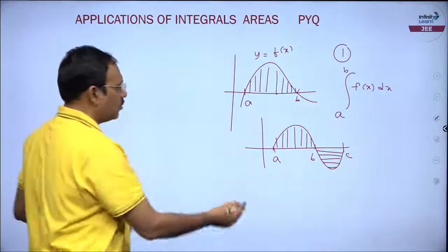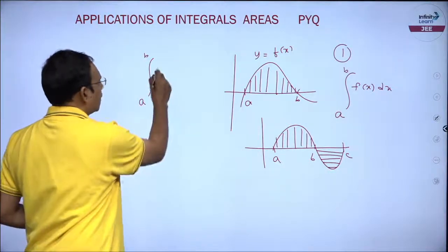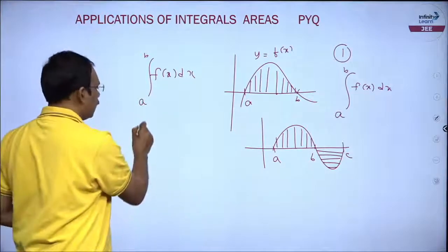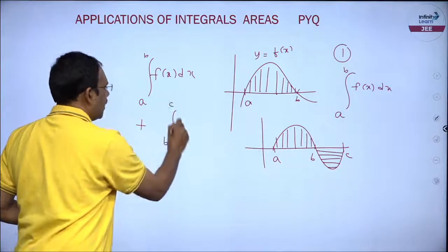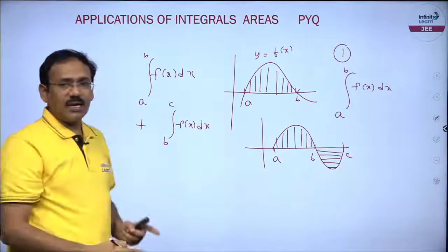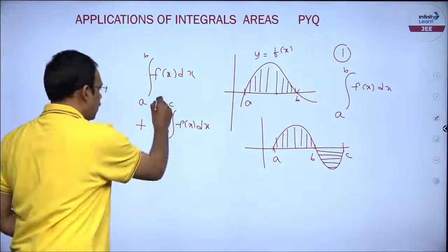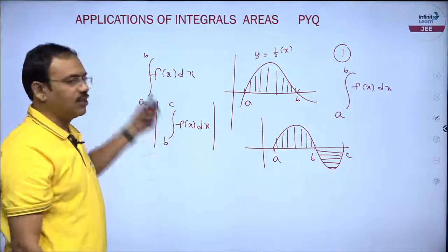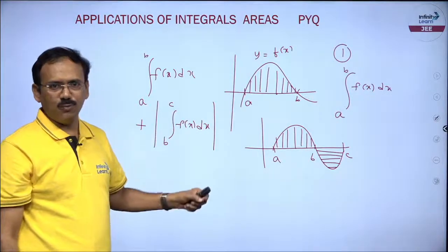So what we need to do is, integral a to b f of x dx, which is already positive, so you need not write modulus. The second one, integral b to c f of x dx, this definite integral will definitely be negative because this part is below the x axis. You need to apply modulus here so that it becomes positive, so that you can add these two. So situation 1, situation 2, right?